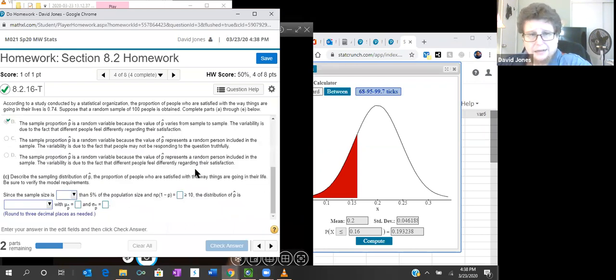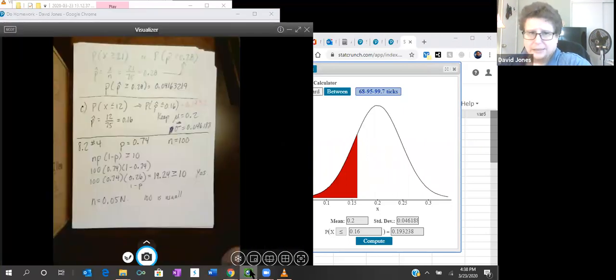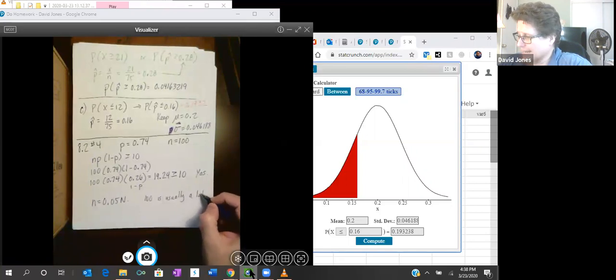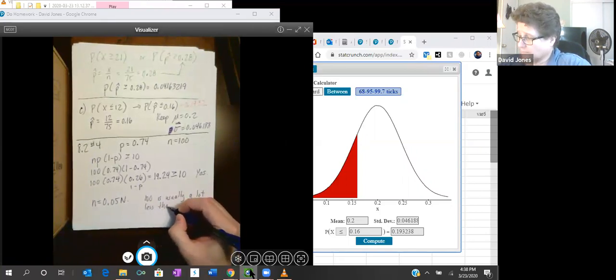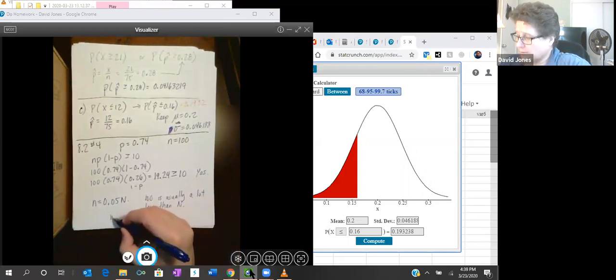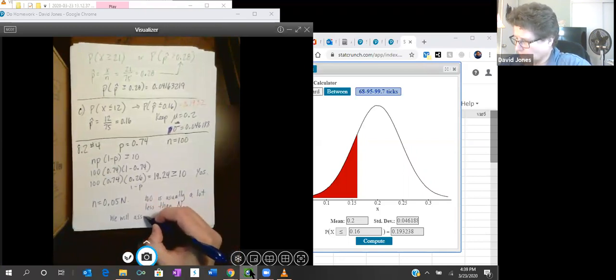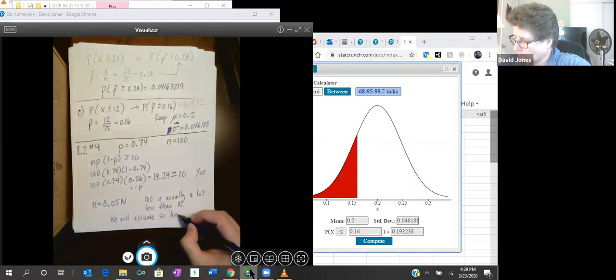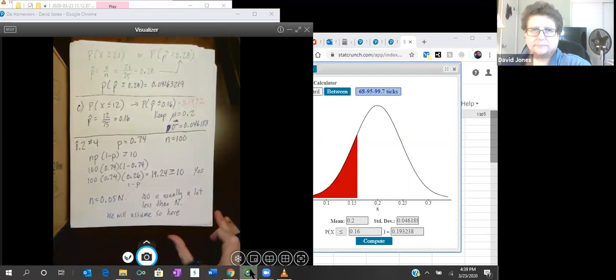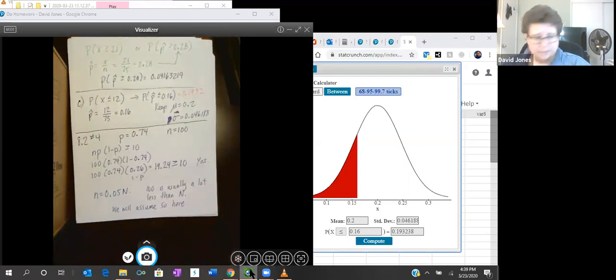But even if we just looked at the population of a school, a city, a state, everything's going to have a population much, much bigger than 100. 100 is usually a lot less than the population, and we will assume so here. Pause and let you write that down.